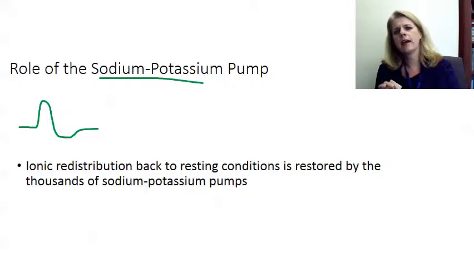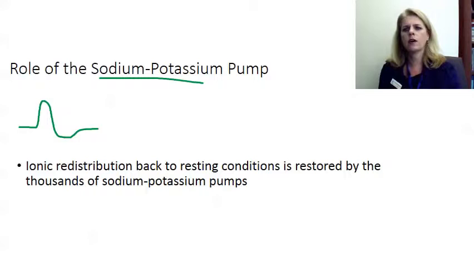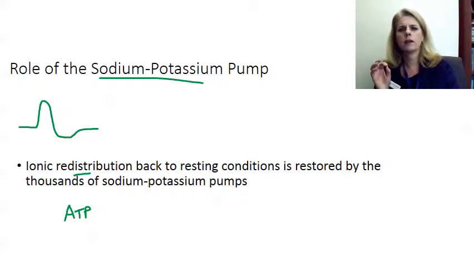So the sodium-potassium pump redistributes the ions, sodium and potassium, back to the resting conditions. And remember, this is something that requires ATP. So this is active transport, where you're pumping sodium and potassium against their concentration gradients. So this resets the battery so that you're able to have another action potential.